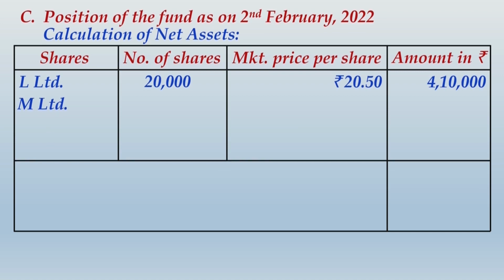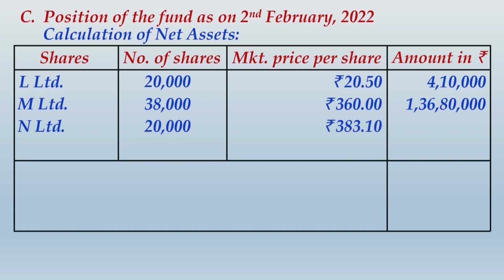And for company M, don't forget that you have to count the revised number of shares as 38,000 shares, 30,000 shares lying earlier and 8,000 shares newly purchased on 1st February 2022, and multiply with the market price prevailing on 2nd February, and this is the position of the net assets that you will get.